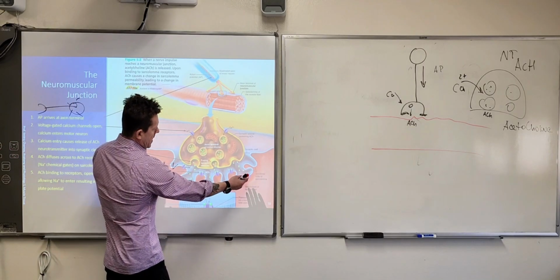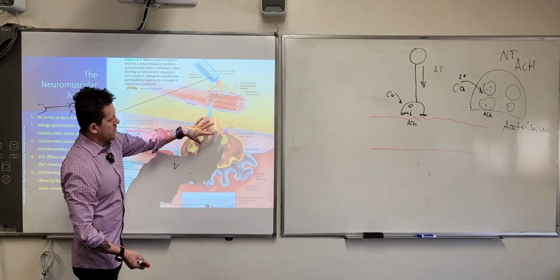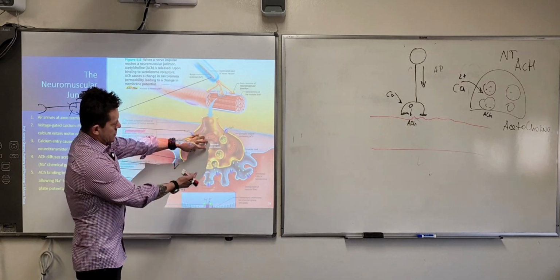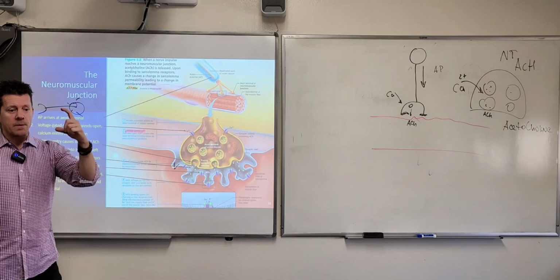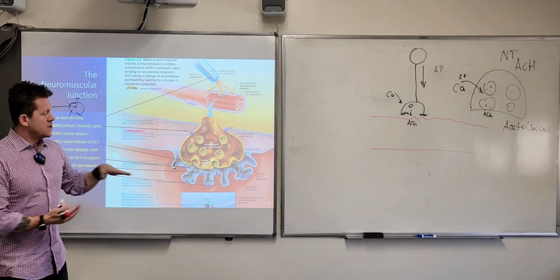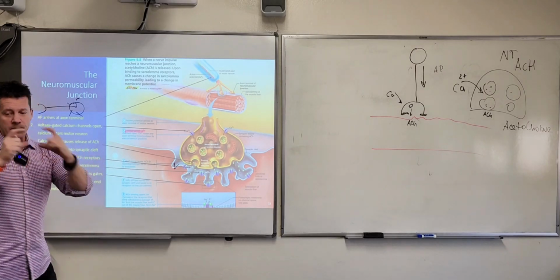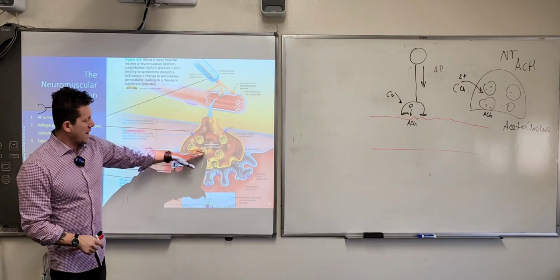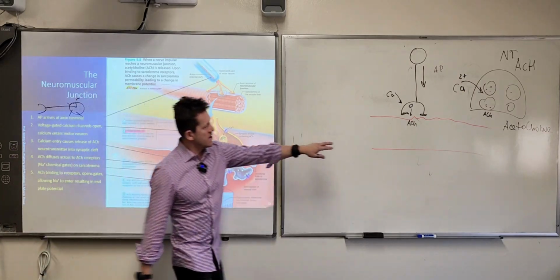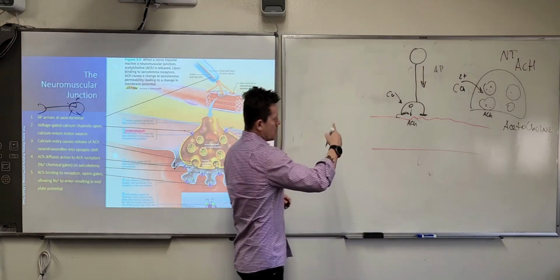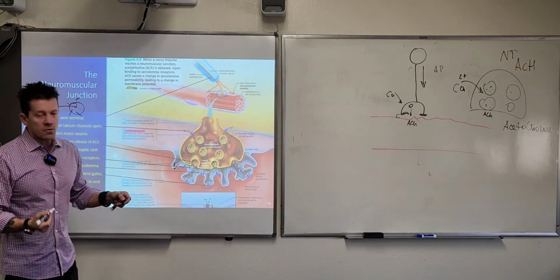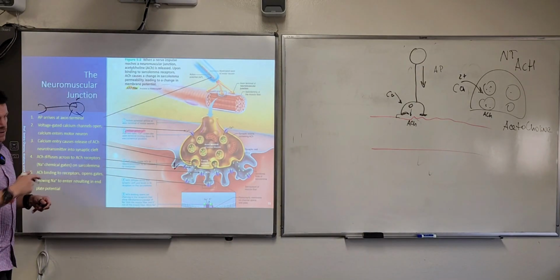When the neuron is connected to the muscle, we call it a synapse, a connection. One neuron can be connected to another neuron by a synapse. A synapse is just a space in between two neurons or in between a muscle and a neuron. This space right here is the synapse. And because it looks wavy like that, it's called a cleft, like babies are born with a cleft.